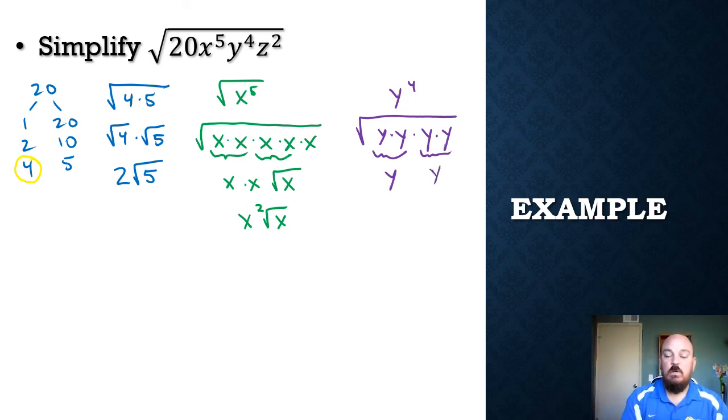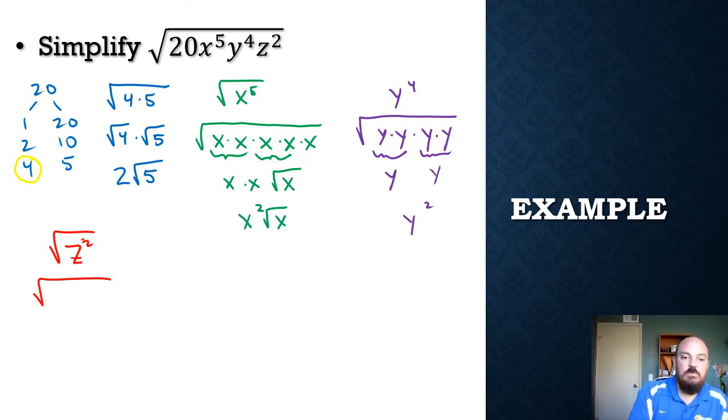Nothing left over in the square root, so y times y is y squared. All right, let's do one more. We will do the square root of z squared. Now z squared is z times z. We actually already did this one with x's, but it's the same with z's. So basically the answer is just z.